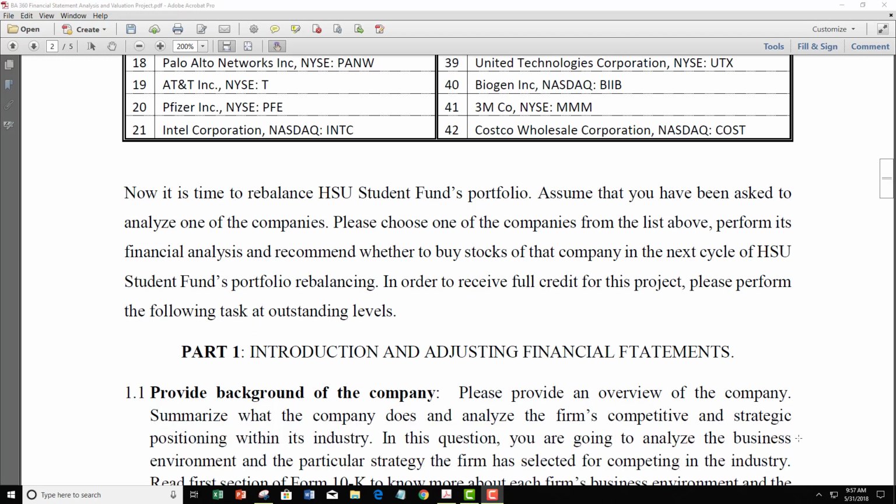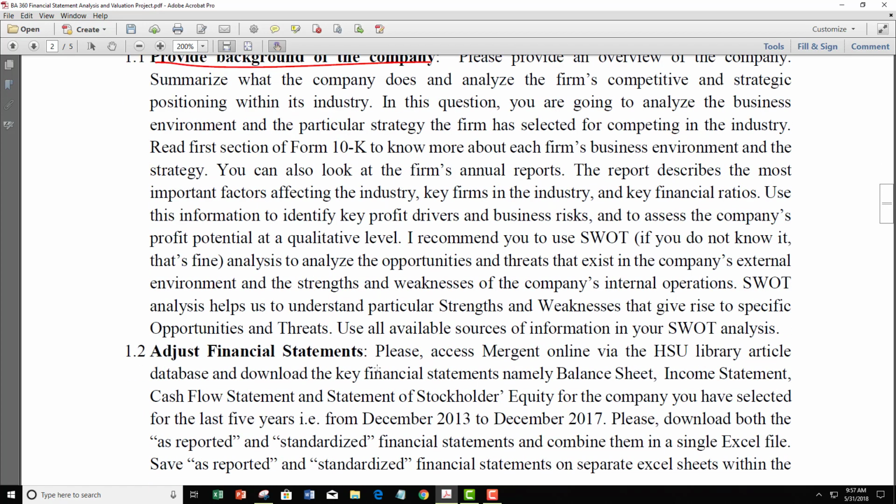Part 1. In part 1, you have 2 questions. One is to provide background information about the company, and the second question asks you to adjust the financial statements for further analysis.